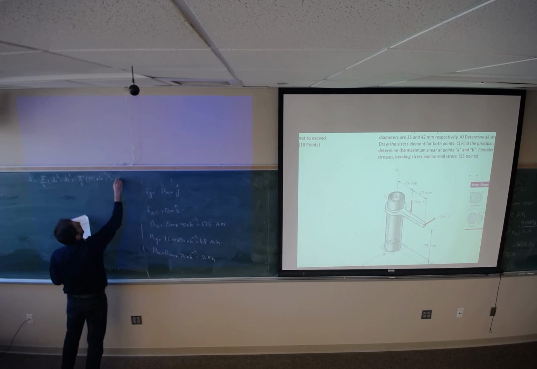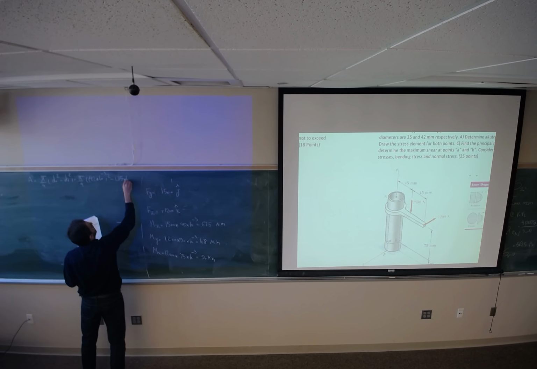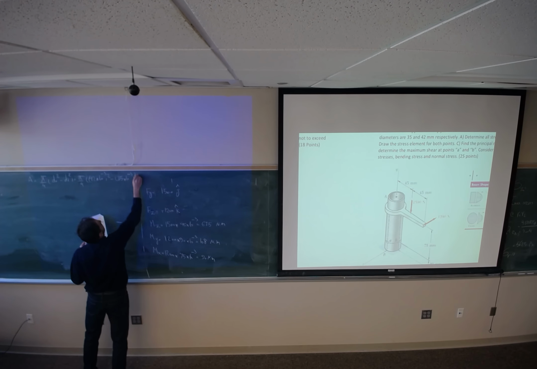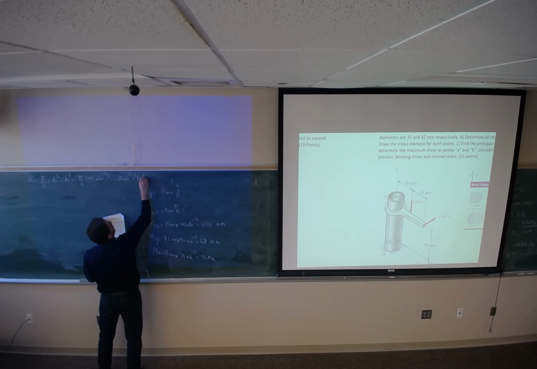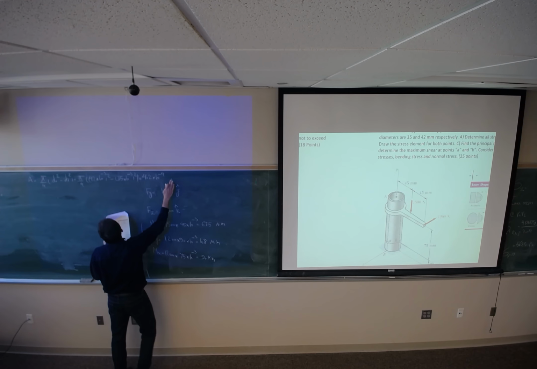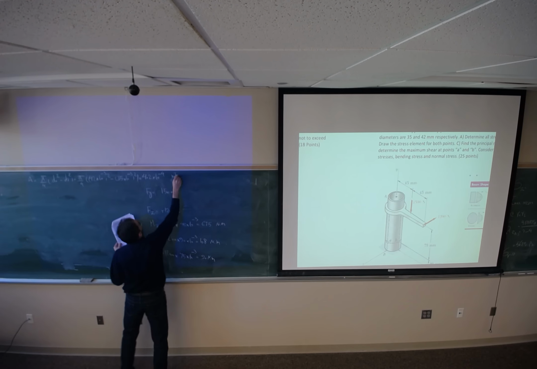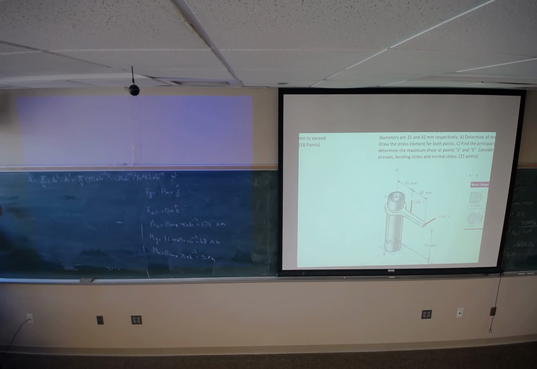Inner diameter is 35 millimeter. It's gonna be 4.2 10 power negative 4 meter squared. So dividing by this area is gonna give me negative 3.54 megapascal.